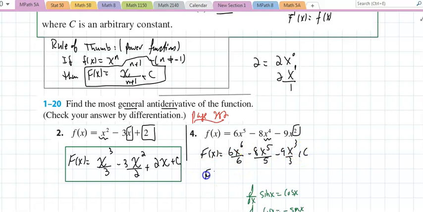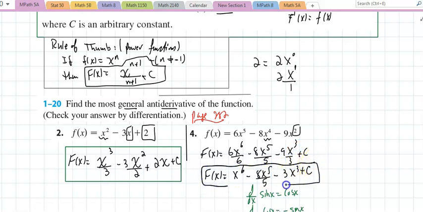And that would be x to the 6 minus 8x to the 5th over 5 minus 3x cubed plus c. And it turns out taking a derivative is a lot quicker than finding an antiderivative, meaning if I take a derivative of this, I should get that, and if I take a derivative of this, I should get that. And you can check that really quickly.